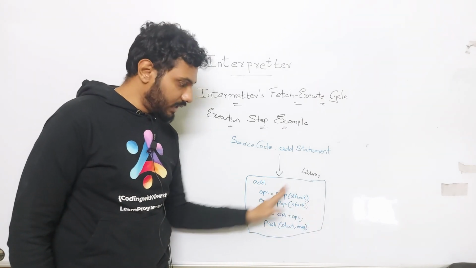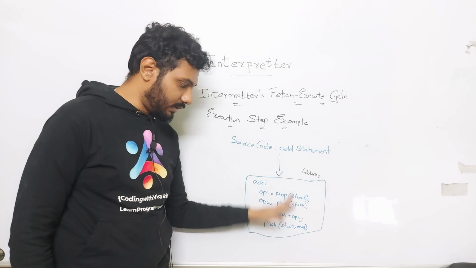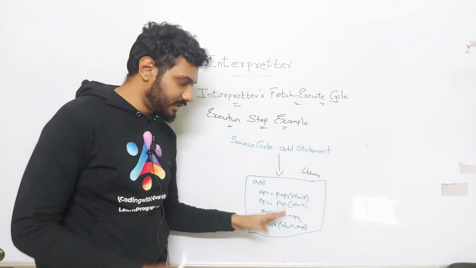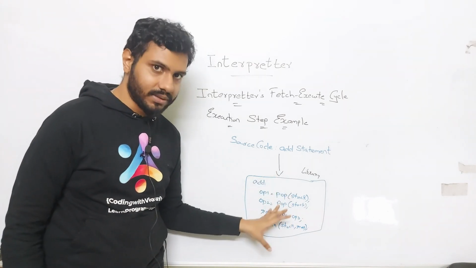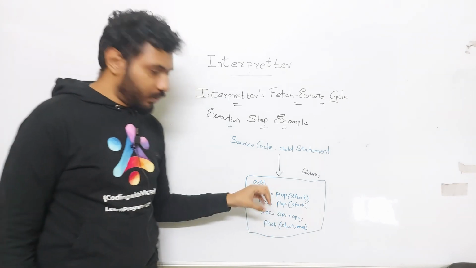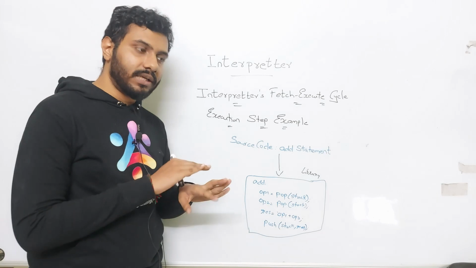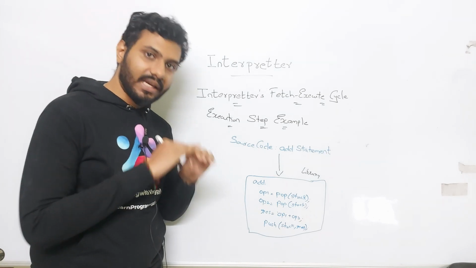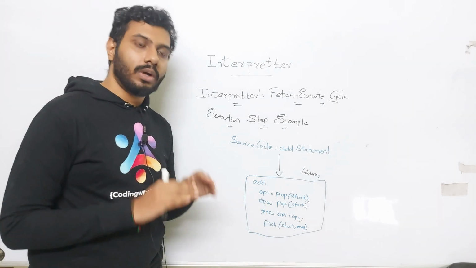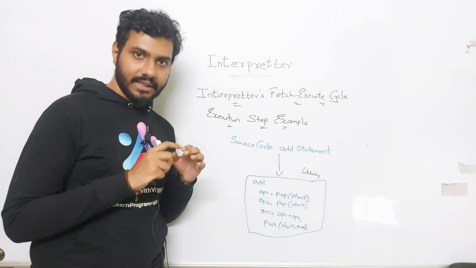Don't think about what is stack, what is pop, push. Just think that it's a set of instructions of the machine code. So this is again given to the memory. Here the interpreter is not generating any machine code. You need to understand this point very clearly.